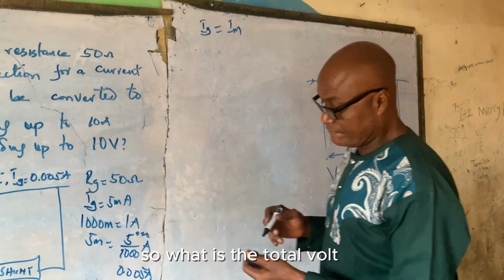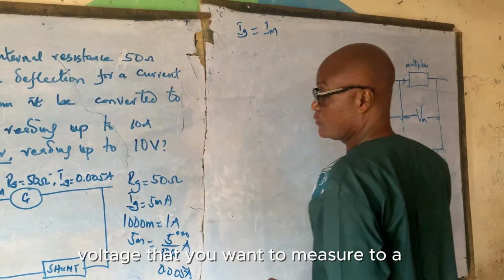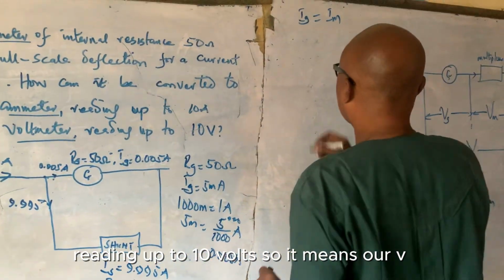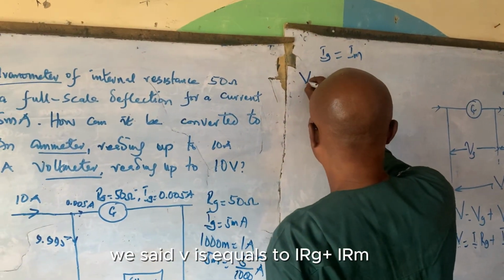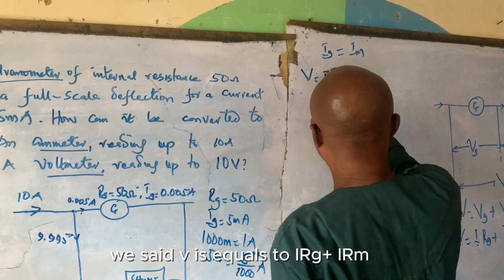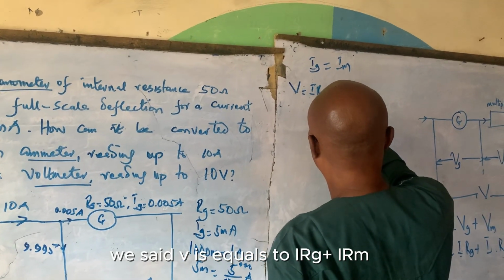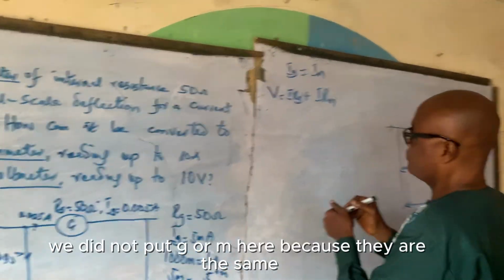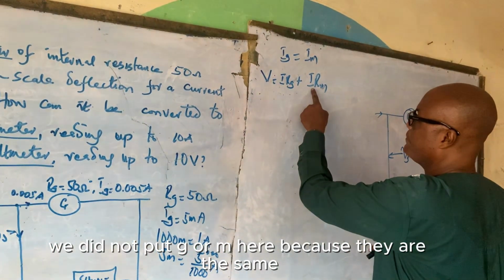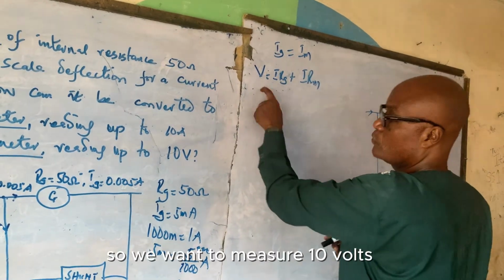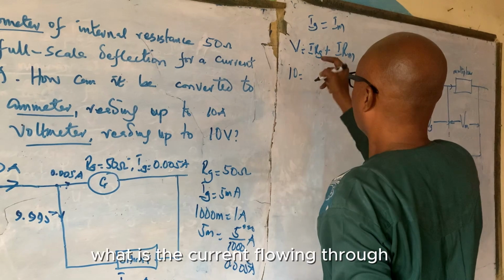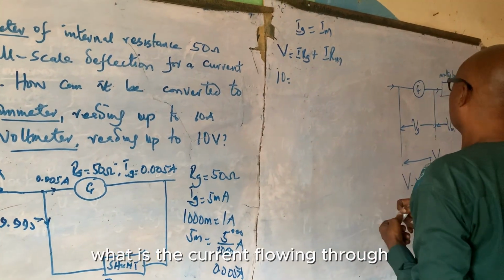So what is the total voltage you want to measure? A voltmeter ranging up to 10 volts. So it means our V, we said V is equal to IRG plus IRM. We did not put G or M on the current here because they are the same. We want to measure 10 volts, so we put 10 here for V. What is the current flowing through?